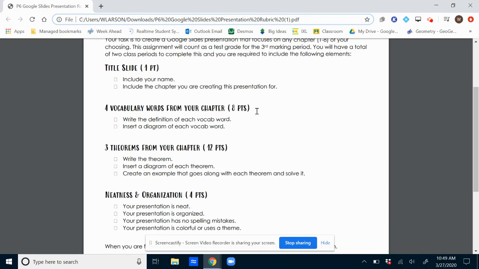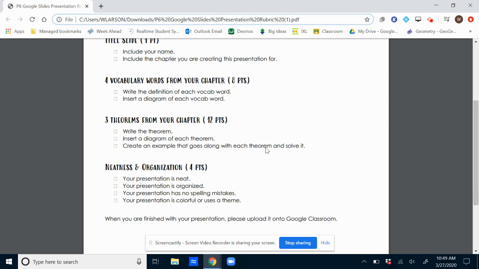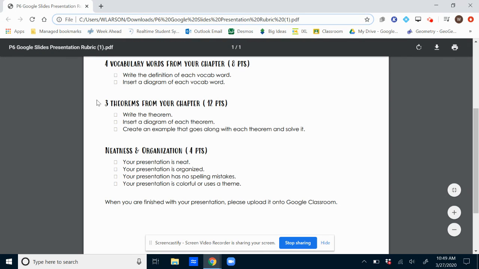You might also split it up into 4 different slides, one for each word. You might do 2 slides with 2 words each. Totally up to you, but I should see 4 vocab words, their definition, and a diagram, whether it's in one slide or spread out over 4 or 2 slides.